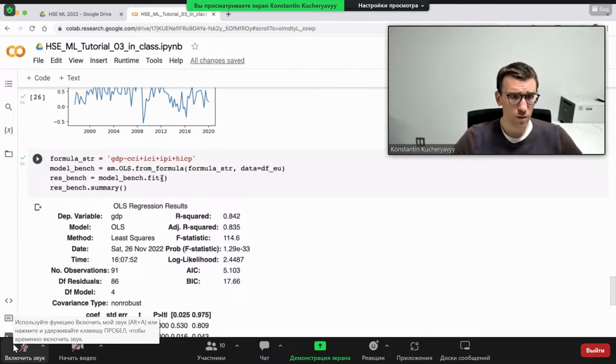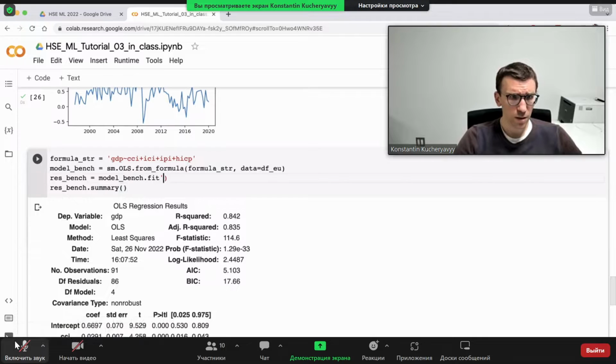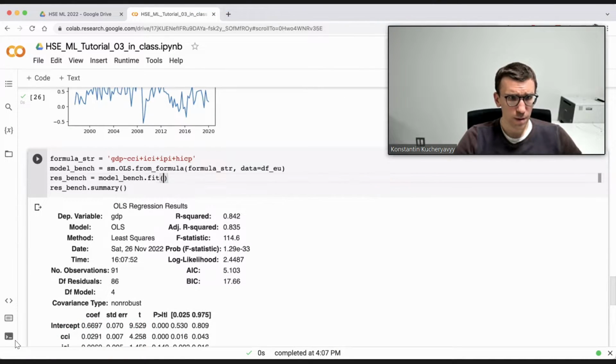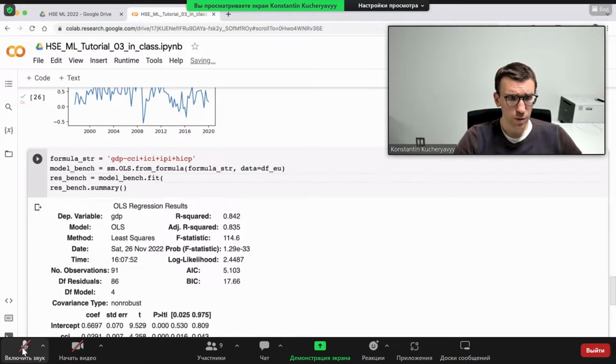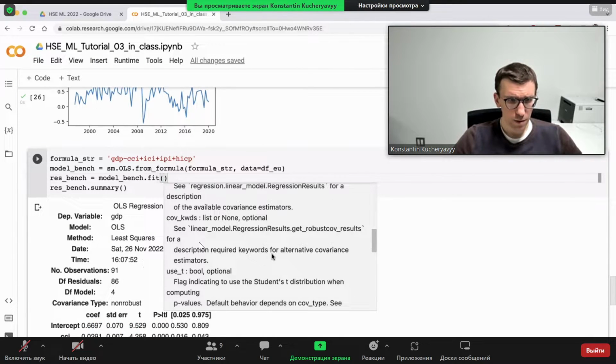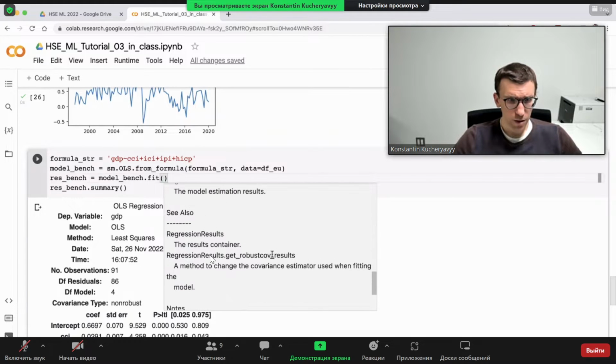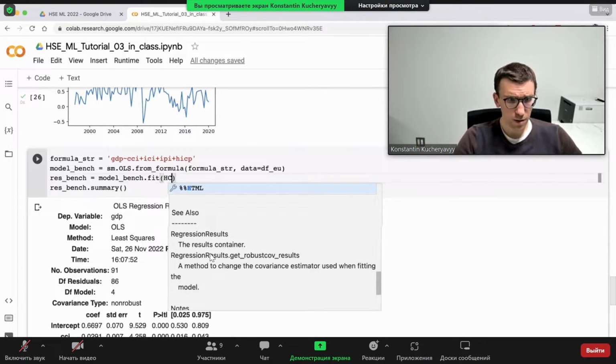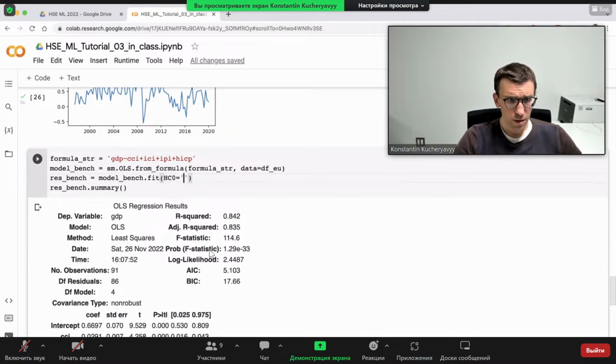There are other ones. You do it when you do the fit, with something like HC0 robust, I forgot.